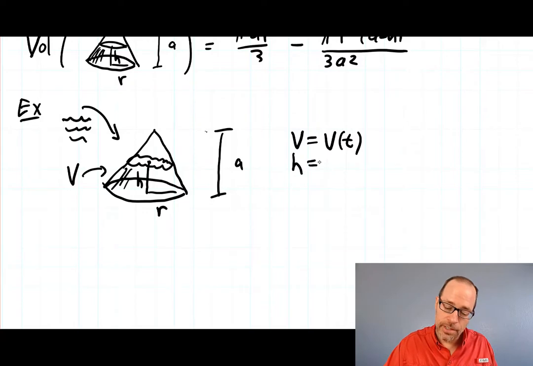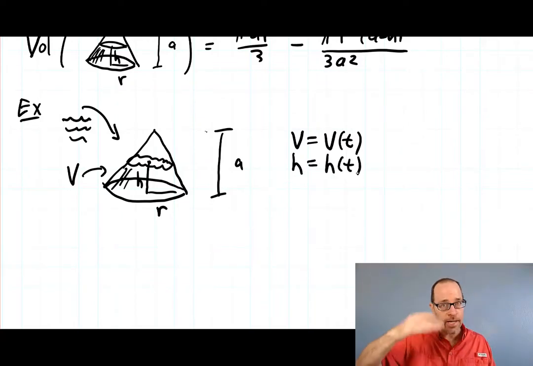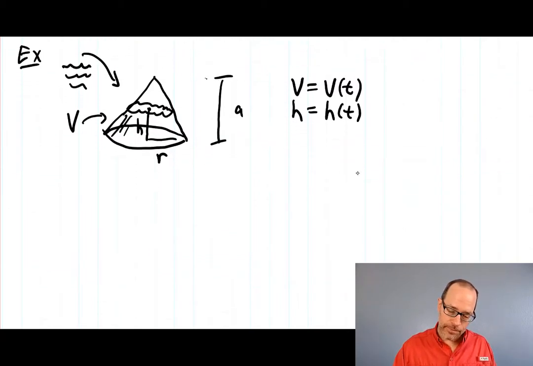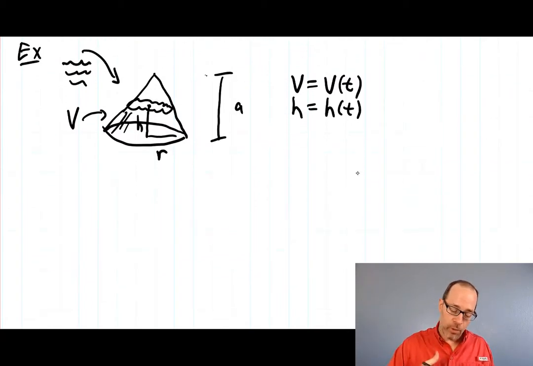And H is also a function of time because as you pour in more water, H will be going up. People often never write H of t or V of t, but the most important part to remember is that they are actually functions of time. All right, so in this scenario, as you pour in water, V and H are related.